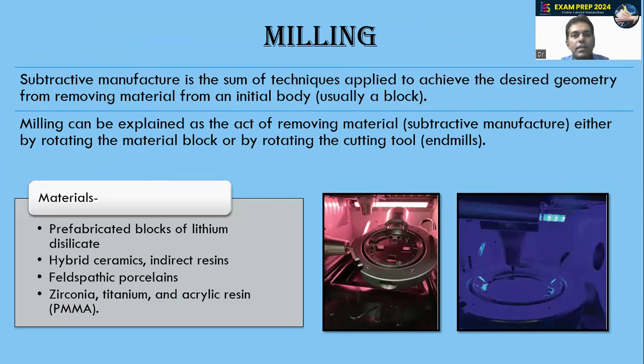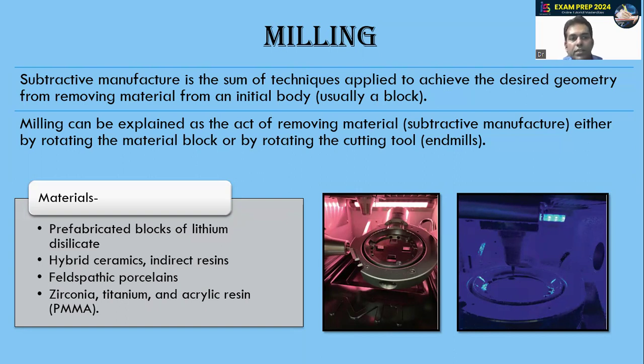Now, regarding the milling procedure, subtractive manufacture is the sum of techniques applied to achieve the desired geometry by removing material from an initial body, usually a block. Milling can be explained as the act of removing material, that is subtractive manufacture, either by rotating the material block or by rotating the cutting tool, that is the end mill.